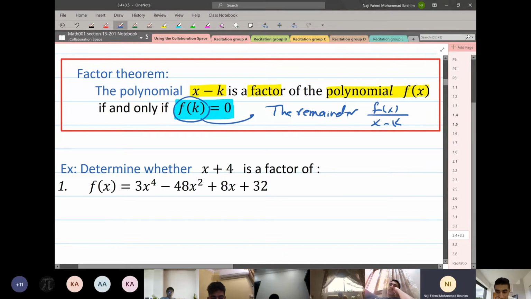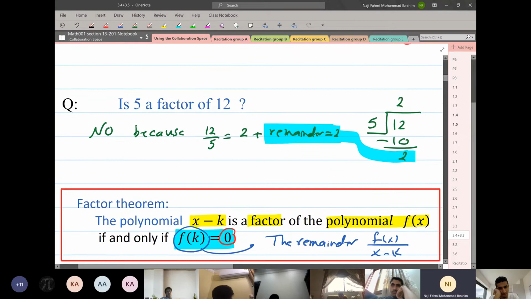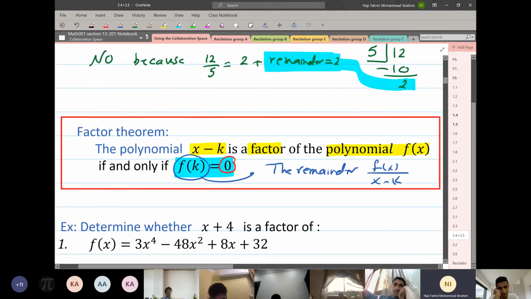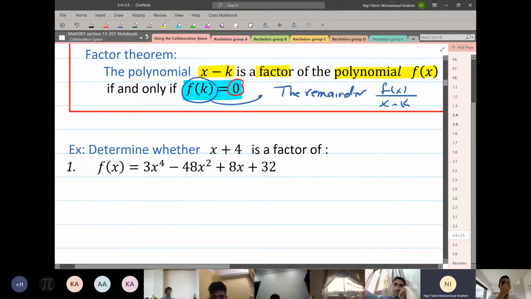So if this remainder is 0, this means x minus k is a factor. When do I have a factor? If the remainder is 0.